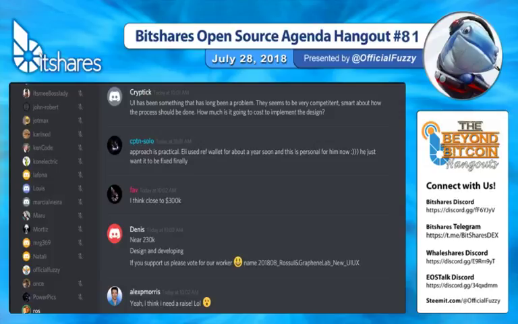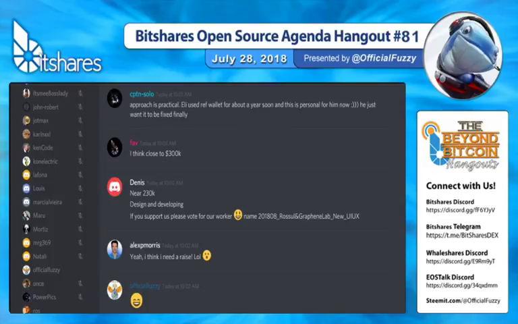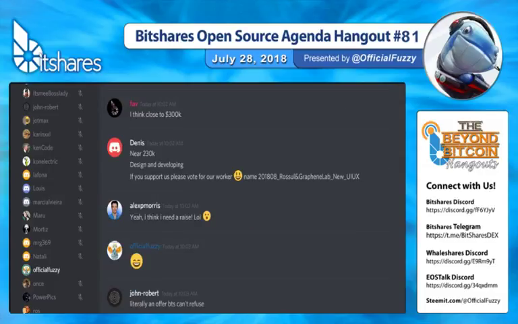Right, and what company is that? Russell, the portfolio that you guys, okay. Graphene Lab that's working together? Yeah. Okay. This is a partnership between Graphene Lab and Russell, correct?